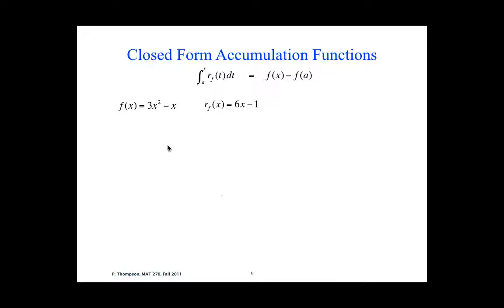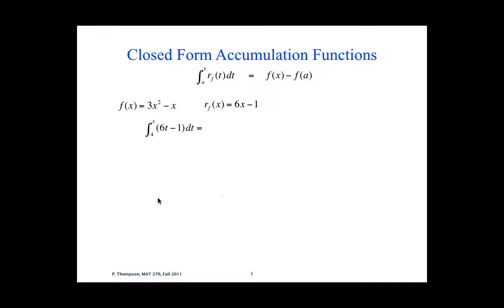So if f of x is this 3x squared minus x function, its rate of change function is 6x minus 1 as its function rule. So that should mean that if I write 6x minus 1 in this spot here, well, I should call it 6t minus 1 dt, and integrate from any a to x, that should be the same as this f of x minus f of a.